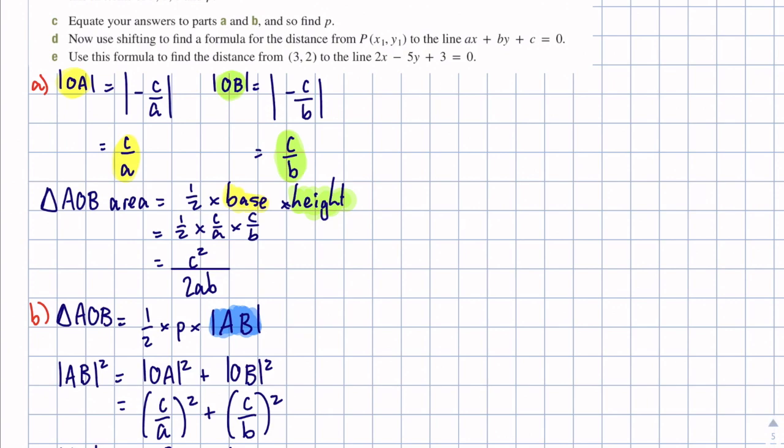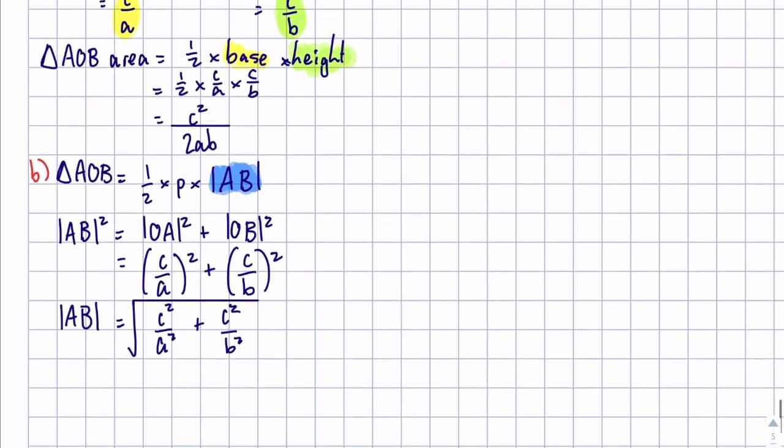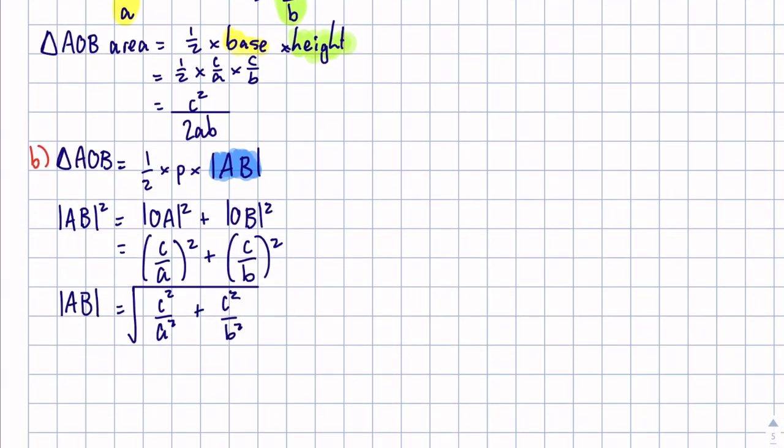So AB must be the square root of that. Which means I can rewrite triangle AOB area as half P root C squared on A squared plus C squared on B squared.